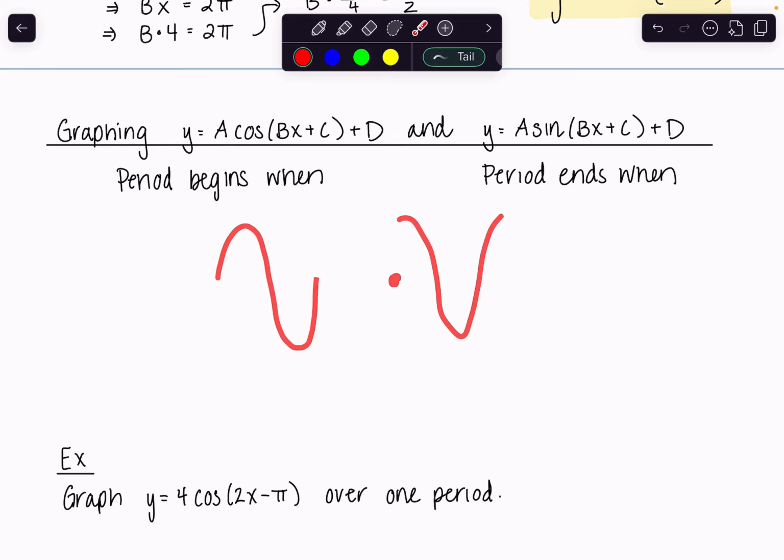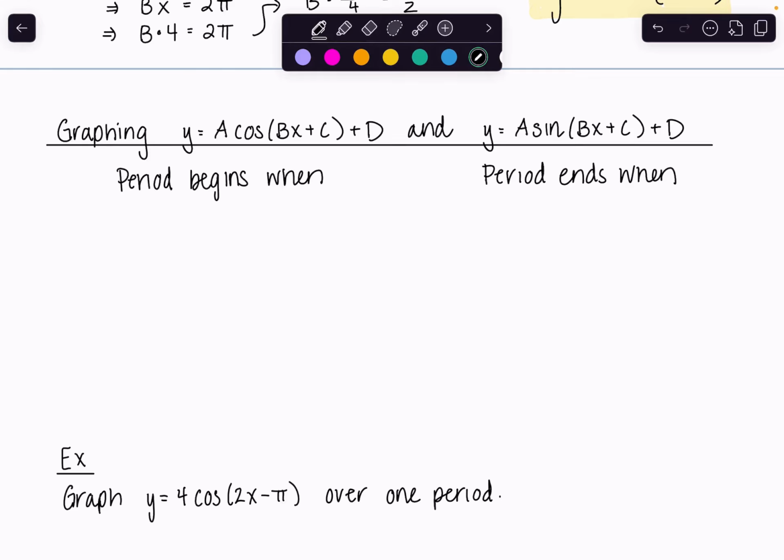Your period's going to start when the inside equals 0, and it's going to end when the inside equals 2 pi. So my period begins when whatever is in the inside equals 0 and ends whenever the inside is 2 pi, okay? So you're concerned for the x values this happens for.